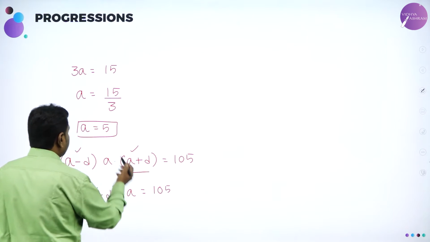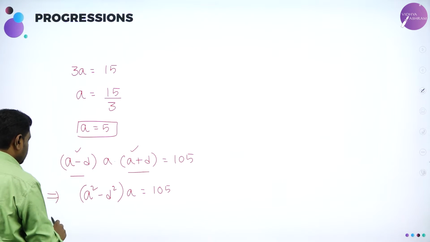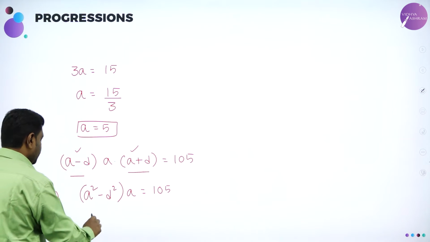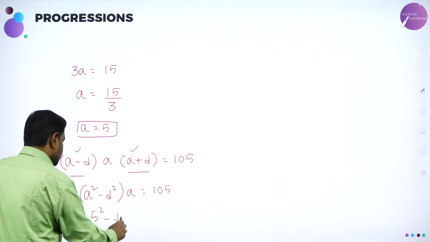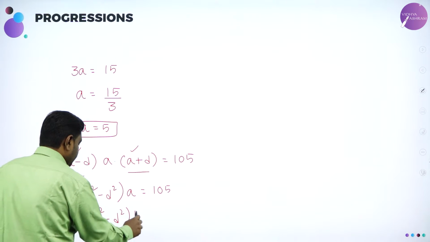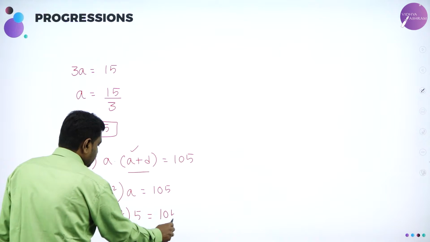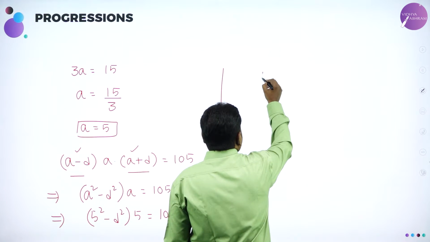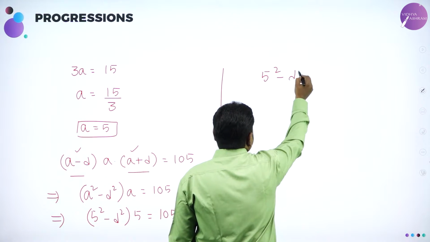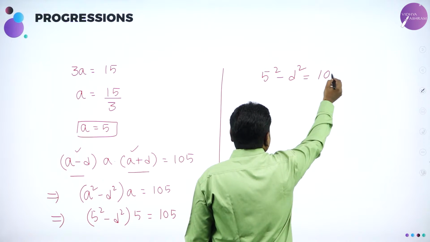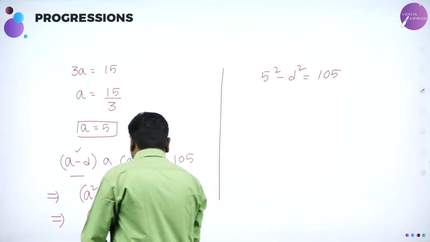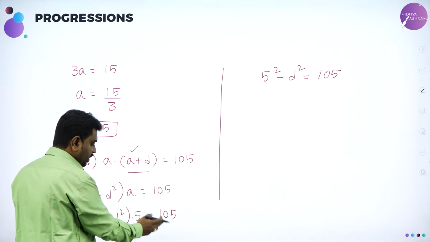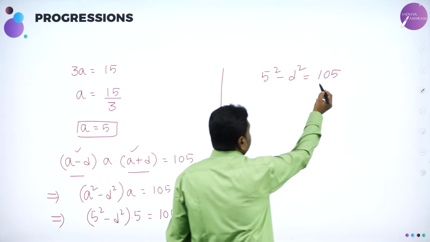Now I'll substitute the value of a. So what is the value of a? 5. 5 square minus d square, into 5, is equal to 105. Now further simplify. Into 5, if you transfer this side, it will become divided by 5.